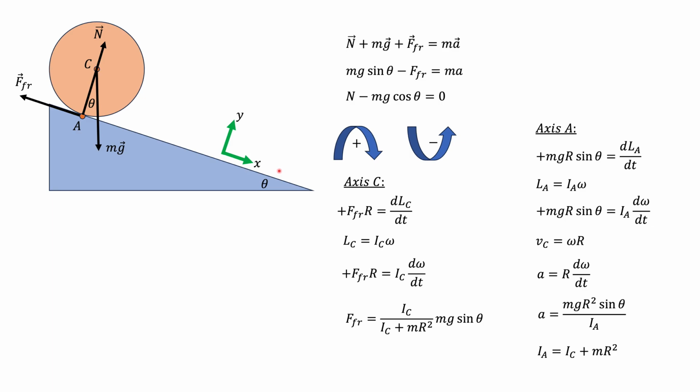So what else can we say here? The other thing is that when angle theta is going to go up, friction force that is required to keep this object moving without slipping is going to go up. On the other hand, if you look at this formula, normal force is going to go down.